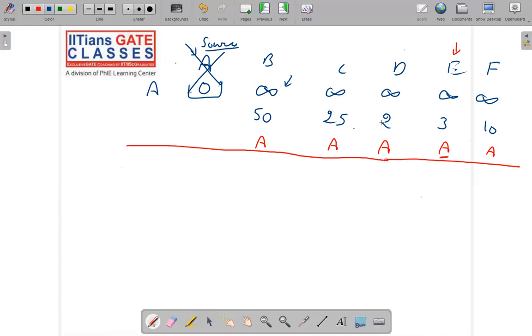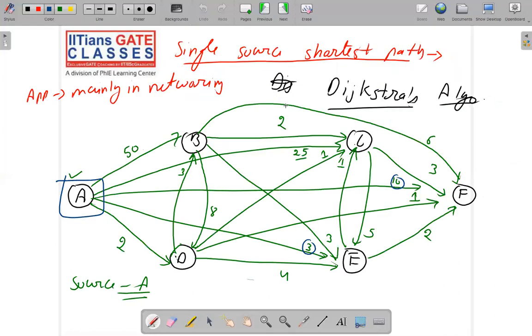Now, which one is the minimum? D is the minimum, so let's eliminate D. Our motive right now is that we have a path from A to B directly. Can we have a path via D which is less than 50? We have an edge from D to B where the edge weight is 3.